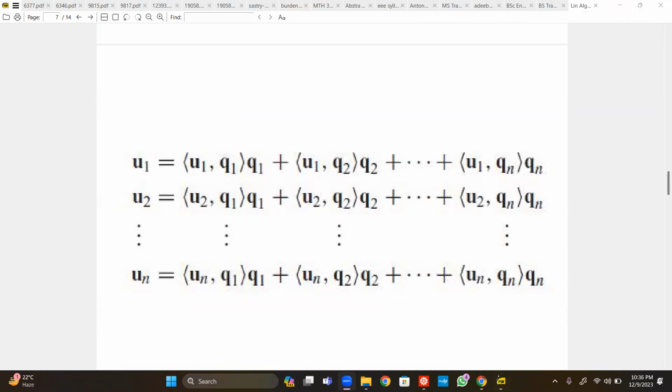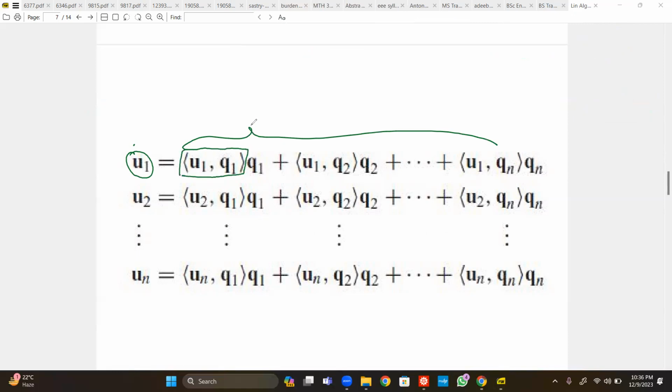Since the QIs form an orthogonal basis, we can write any vector in the space spanned by the QIs by using a relation of this sort, where these terms are the projections.